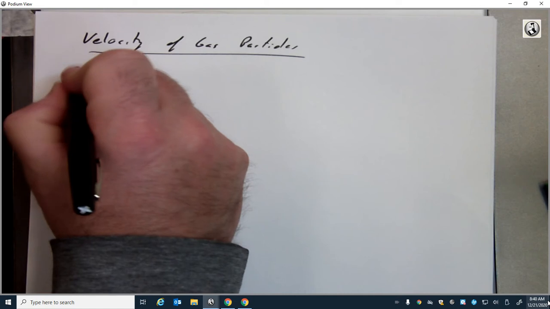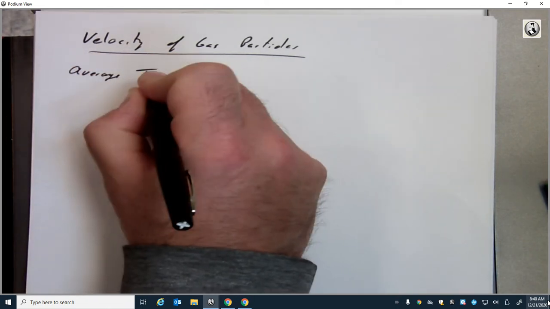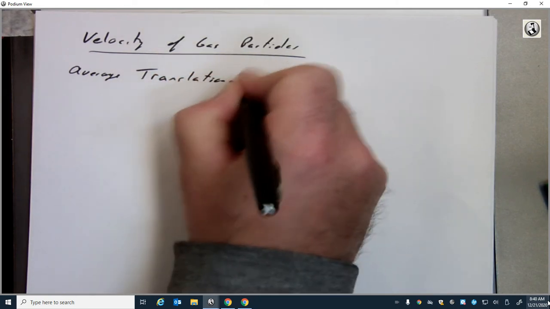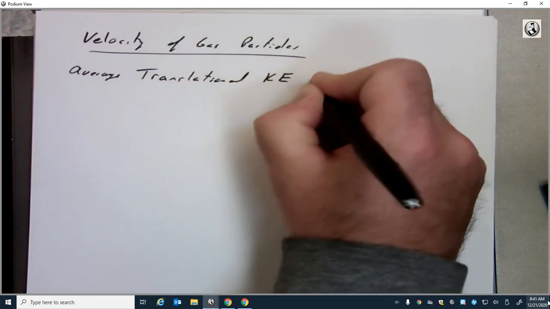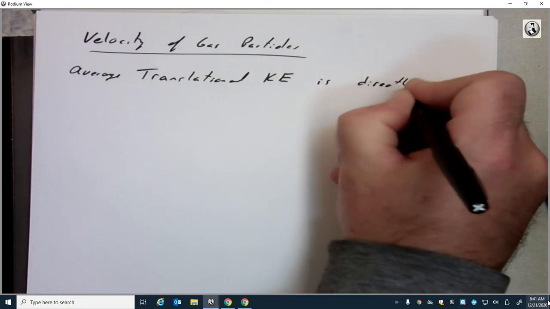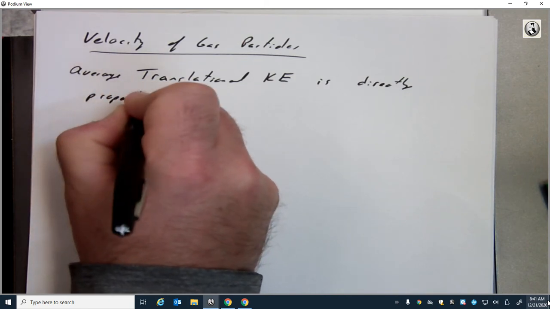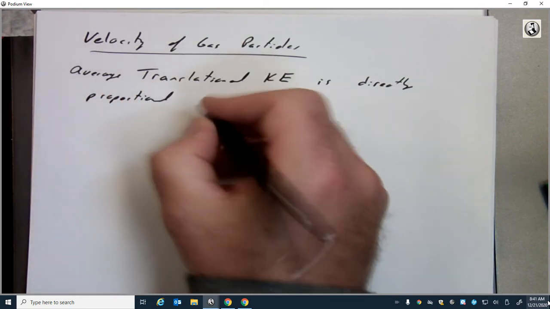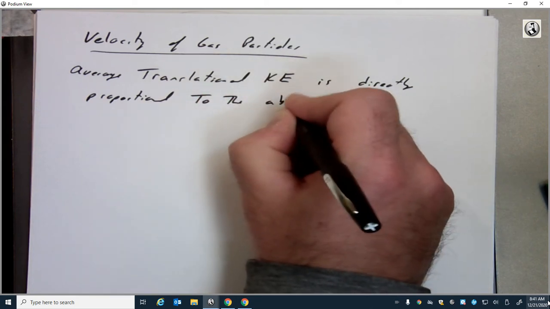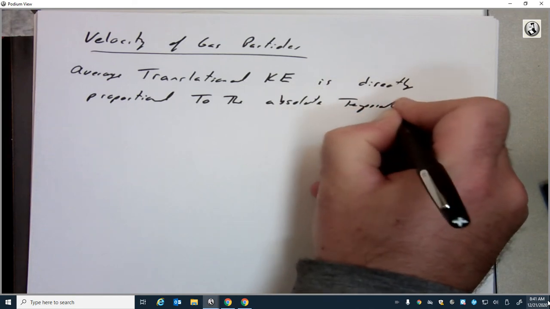So the average translational kinetic energy is directly proportional to the absolute temperature.